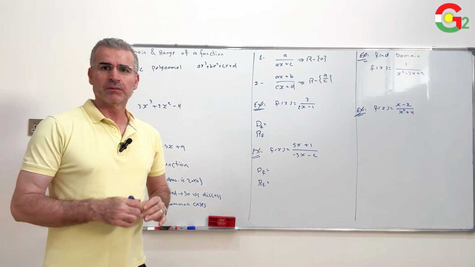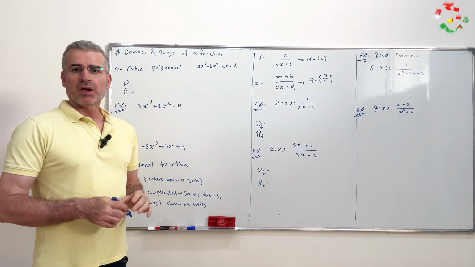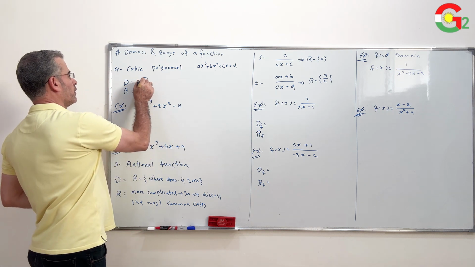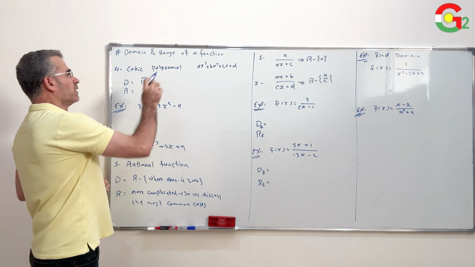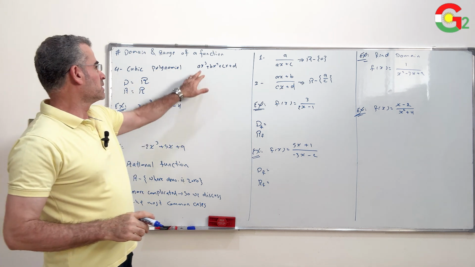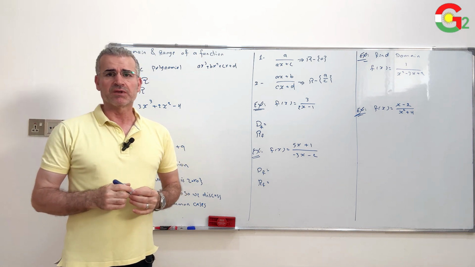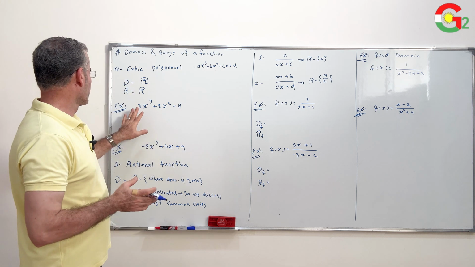Cubic polynomial. Since it is a polynomial, the domain of a cubic polynomial is R. The range of a cubic polynomial is also R. It does not depend on the coefficient of the x with the maximum power.